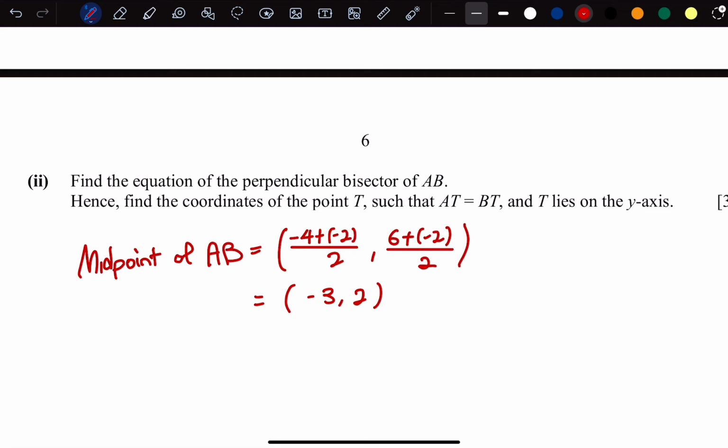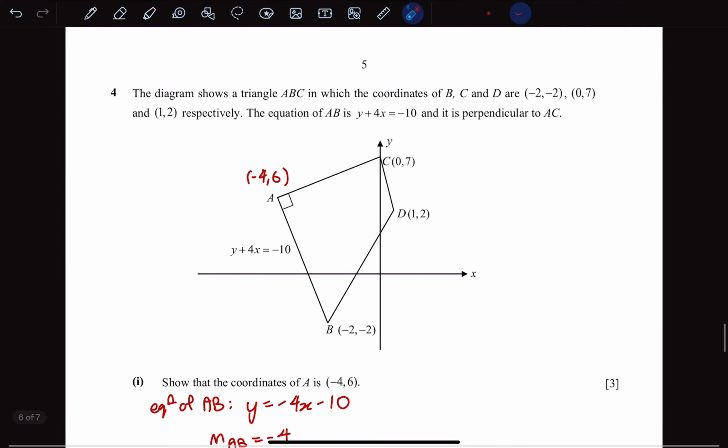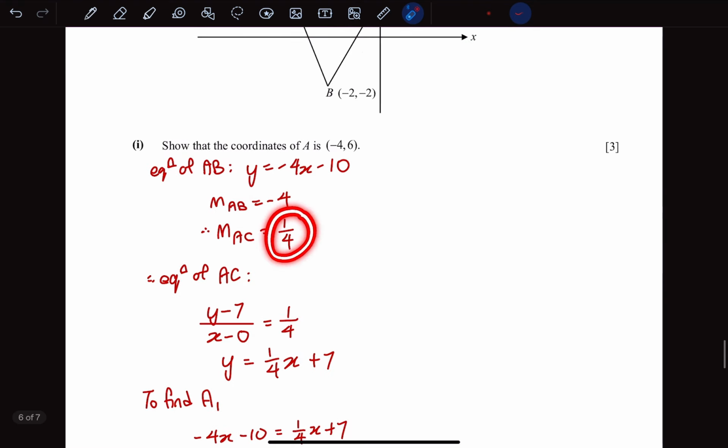Okay, then from here, we know that the gradient of the perpendicular bisector is the same as the gradient of AC, since they are both perpendicular to the line AB. And we know that the gradient of line AC is 1 over 4.